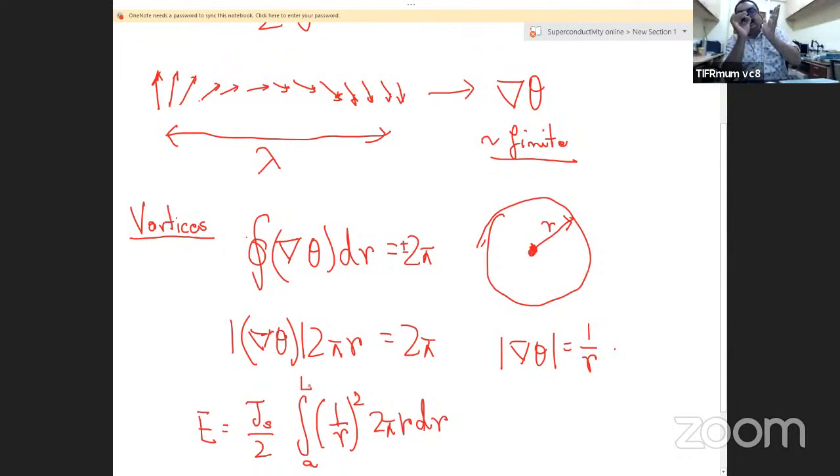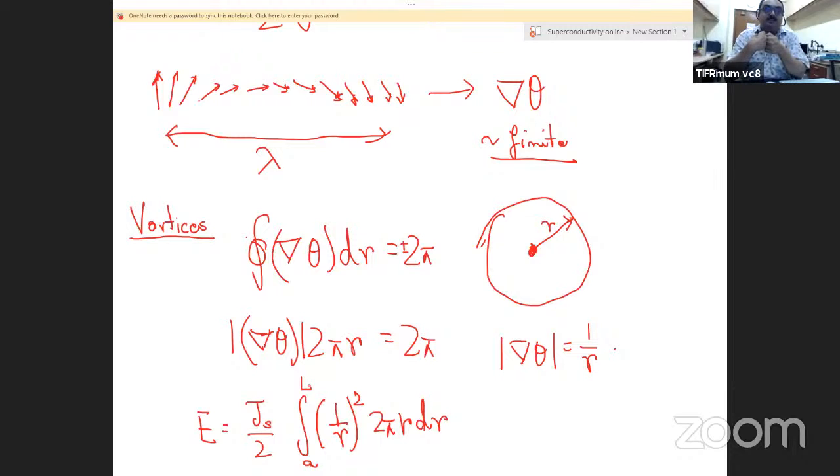Now I am taking a and not 0, because in any real system you will never have a grad theta which will diverge. For example, if this theta is the phase of the superconductor, you know that grad theta from Ginzburg-Landau is proportional to the current density.